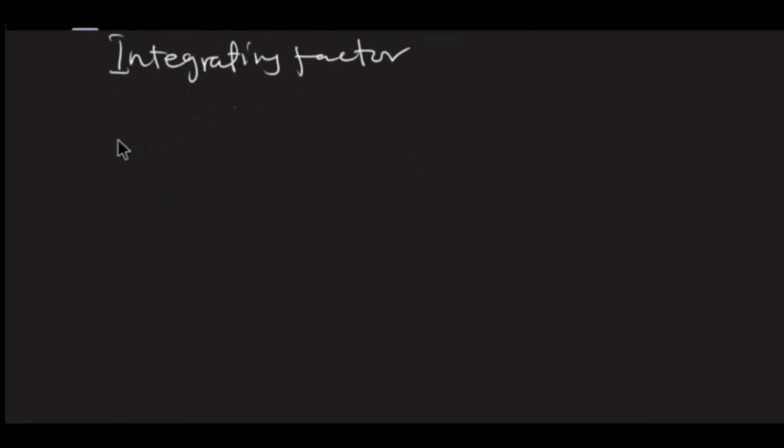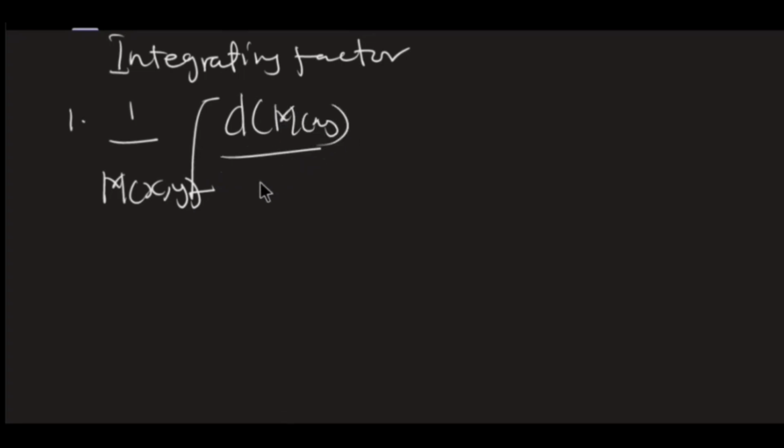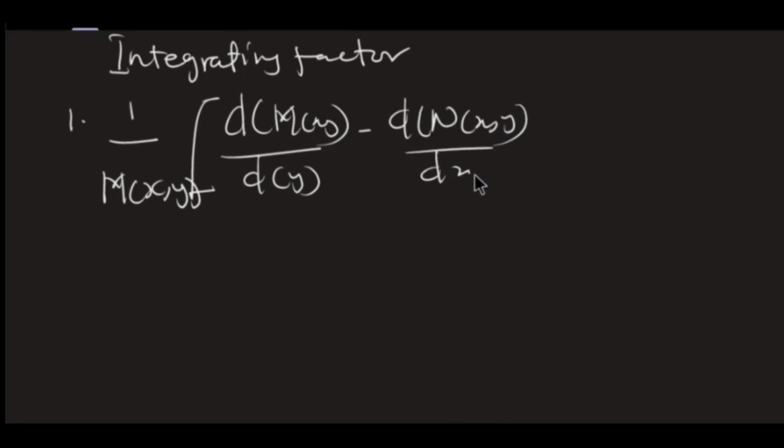We can find the integrating factor by two conditions. The first condition is when you take 1 over the function attached to the dx, that is 1 over the function M of xy, multiplying the expression d of M of xy over dy minus d of N of xy over dx.